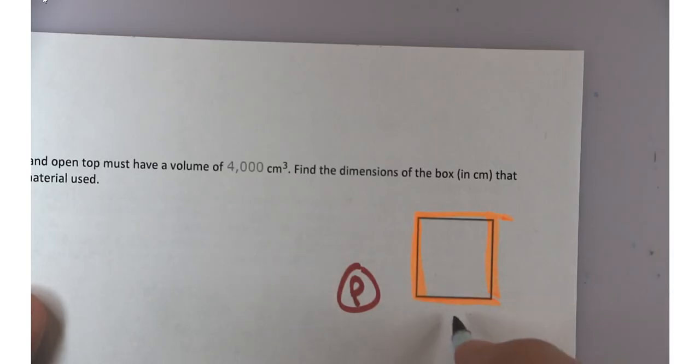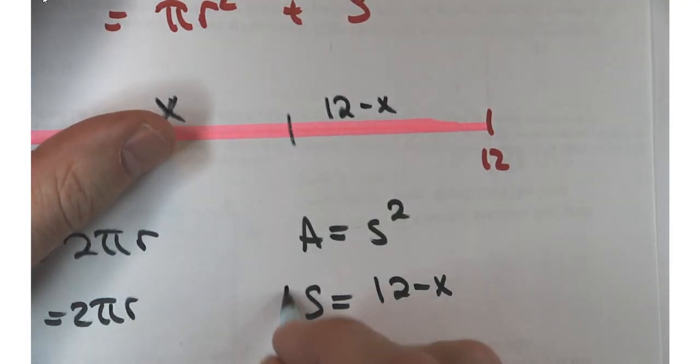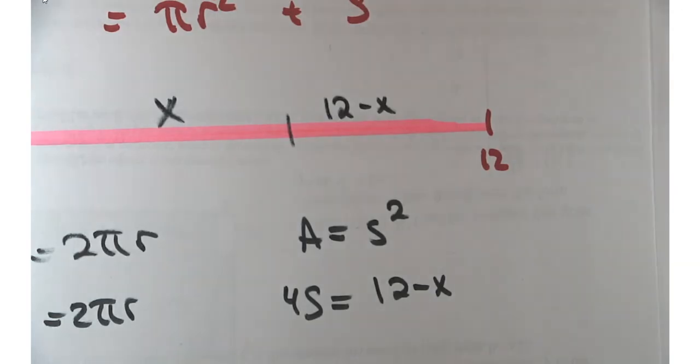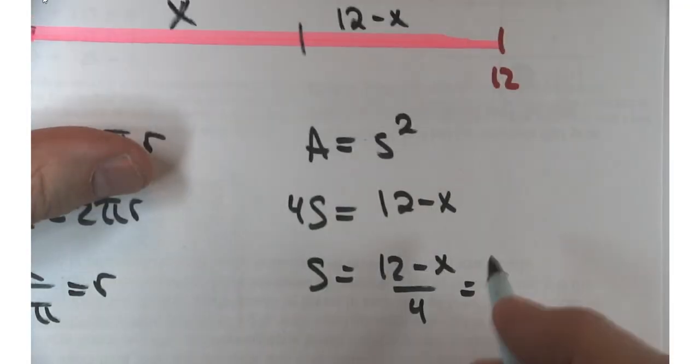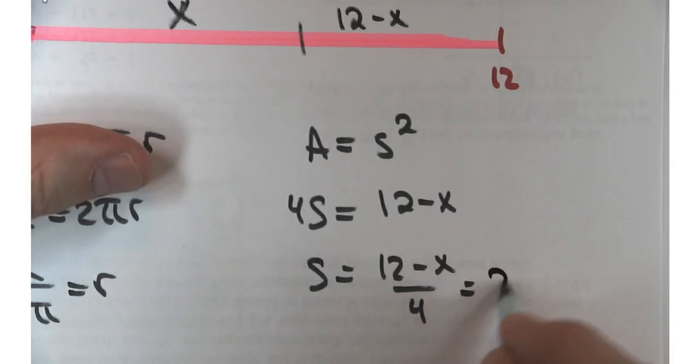How many sides are there? 4. So really, 4 times the length of the side is going to equal 12 minus x. So the length of the side is going to be 12 minus x over 4. Or if you want, you could write it as 3 minus x over 4. Either way.